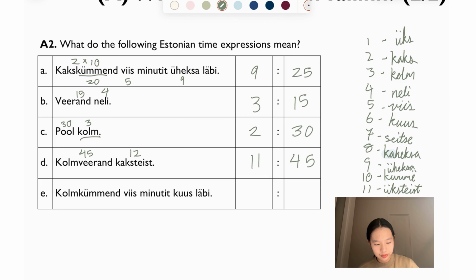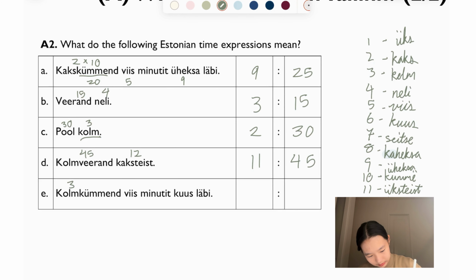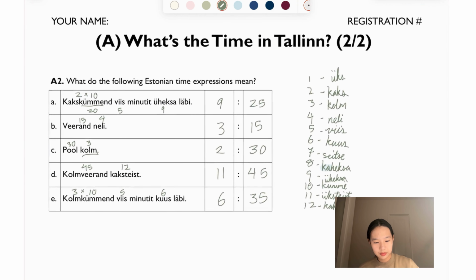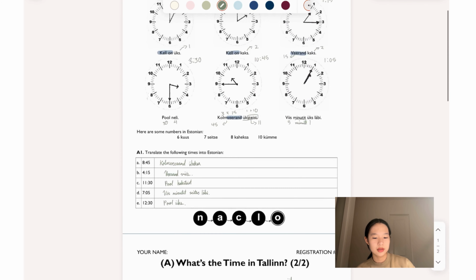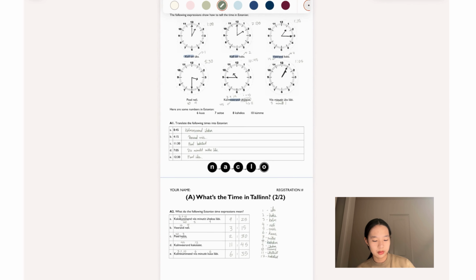And lastly, the kom kumend vis minut kuslabi. So kom is 3. Kumend we said was going to be times 10, and then vis minutes, that's going to be 6, so that's 6:35, and we're done.